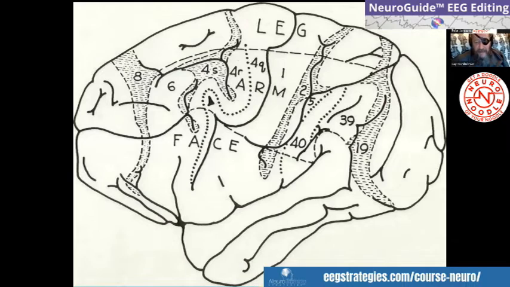The frustrating part about that was he didn't talk about what the disconnection was. Where is this disconnection? What we basically find is that he didn't tell anybody what circuit it was. He just said the frontal lobe and the motor strip are disconnected. Well, that was frustrating enough for me.